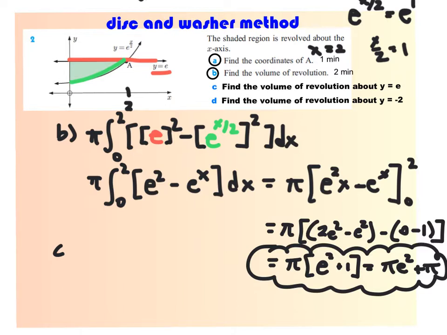How do we come up with the radius here? Well, the radius is just going to be all of these distances, each of these, and those values are all e minus whatever e to the x over 2 is.